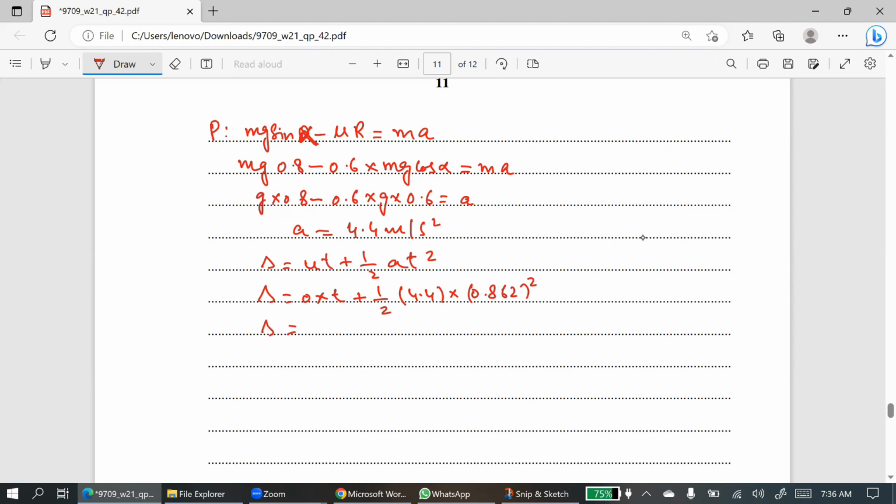The distance covered by P in the downward direction is 1.635 meters.